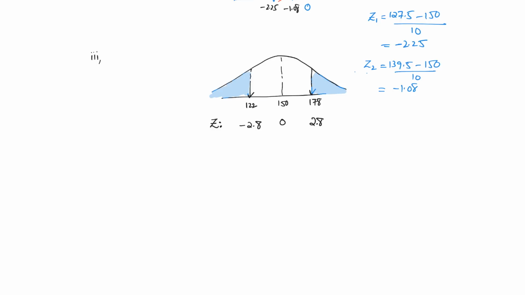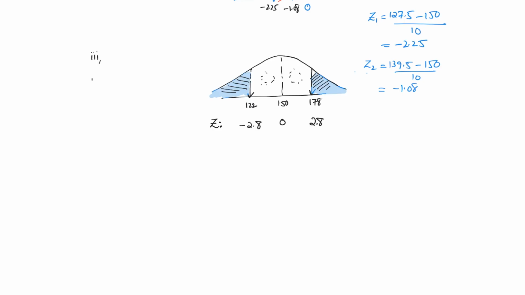Notice that the two z values are equal, which means this area and this area are also equal. Remember, we established this fact that the normal distribution curve is symmetrical. So if these two areas are equal, then definitely this area and this area would also be equal.